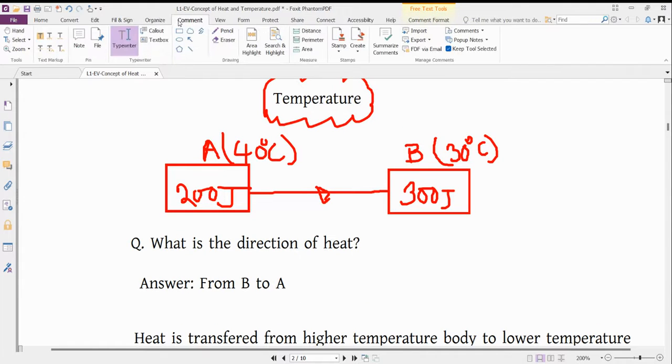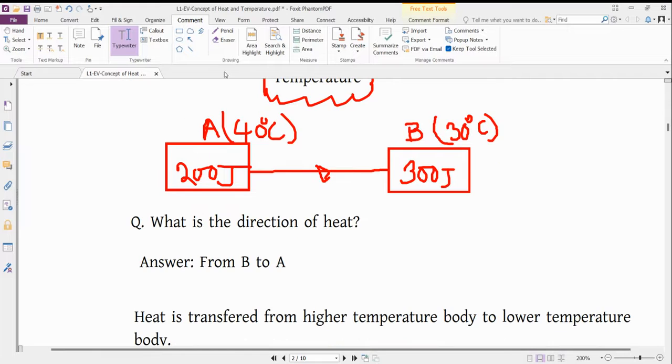This is possible only if the material of the bodies is different. Let us consider A is made of copper, and body B is made of iron.